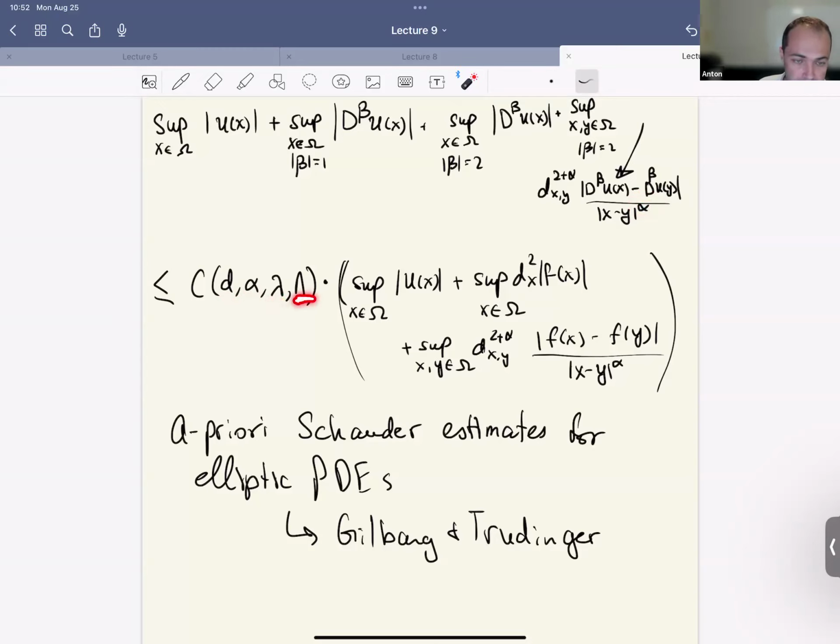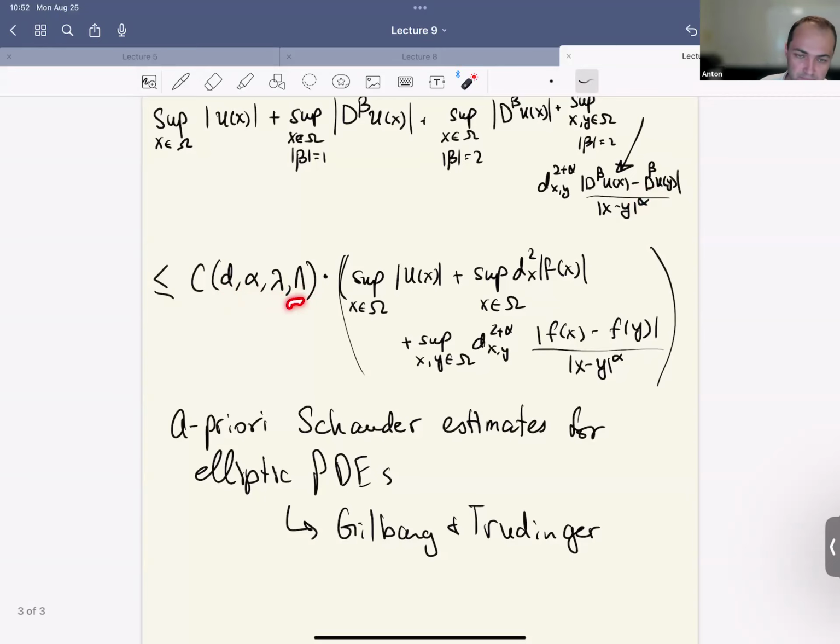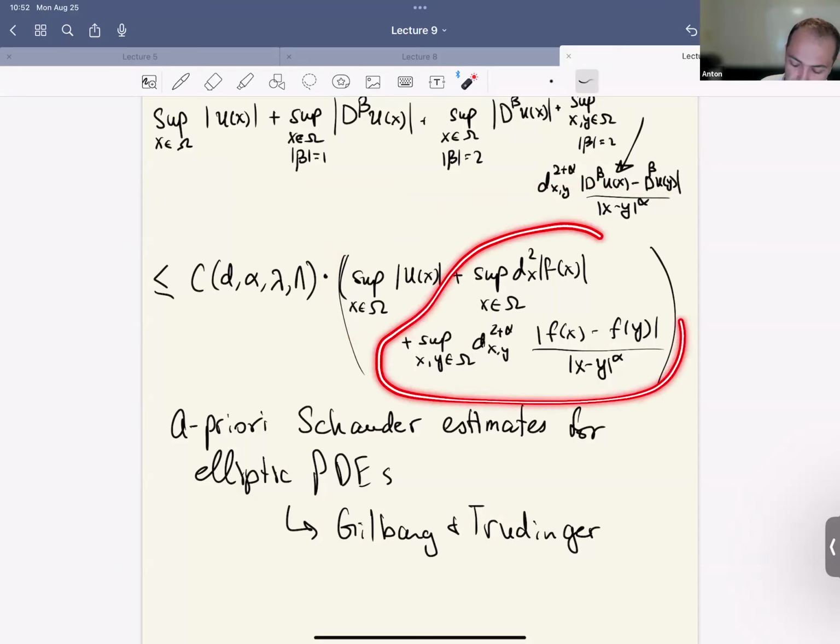And it depends on big lambda, which I'll review when we check the conditions, but big lambda is basically a bound on the drift and a bound on the diffusion coefficient and its derivatives. And it says that all of these first three derivatives of the Poisson equation solution are bounded by the solution itself. And here we have the test function information.